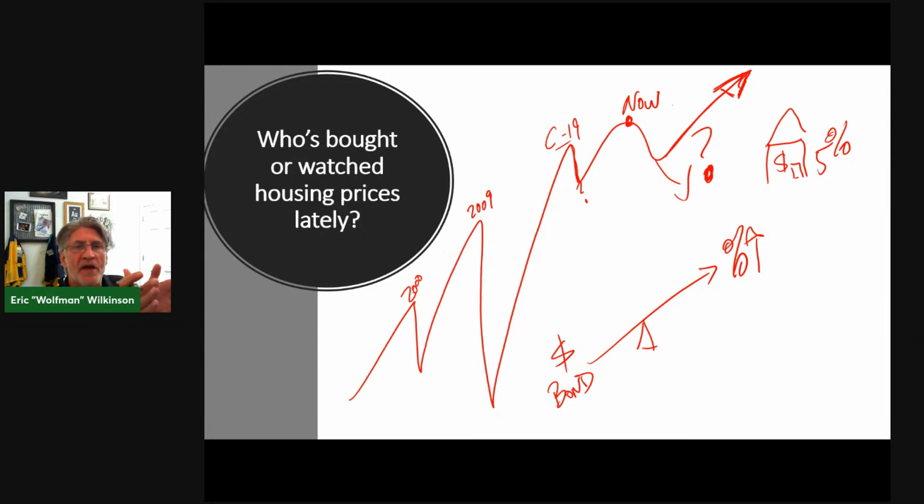All right. And if we can't pay as much towards that house, well, then we can't afford as much of a house, right? So we might start looking at smaller houses, and then the demand for those bigger houses starts going down. Well, prices have to pull back again. Okay. This is in theory, right? We've seen it happen time and time again. When the interest rates rise and we have a finite amount of money, we can only allocate so much out of our budget to our house. Okay. Does that make sense for everybody?